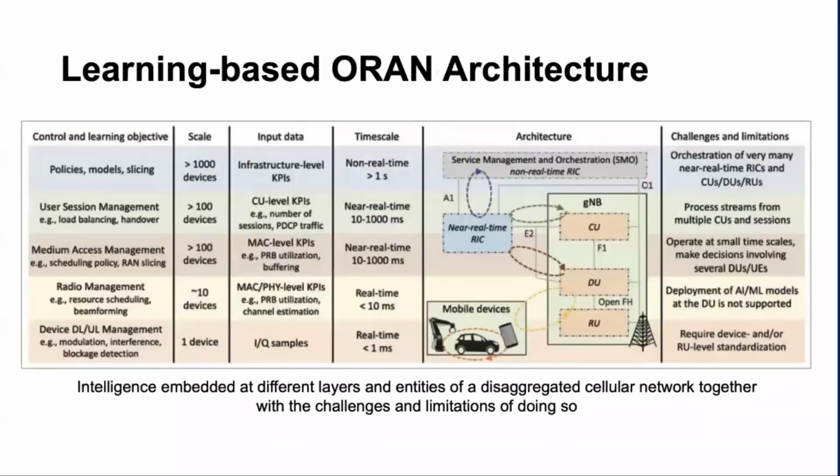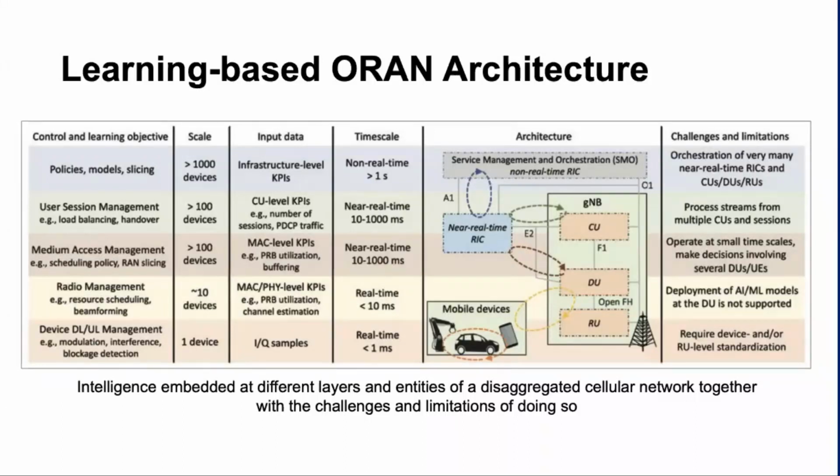Now, what you can see here is the intelligence embedded at different layers and entities of our disaggregated cellular network, together with the challenges and limitations of doing so. So, from the cloud, you have your non-real time scale of above 1 second.